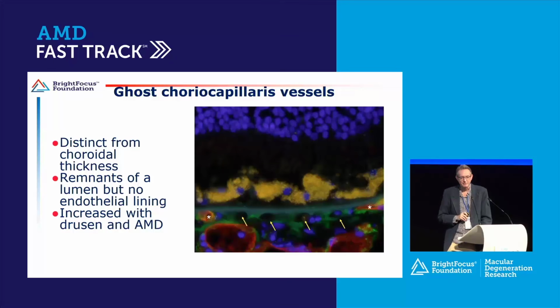It's not conducive to blood flow. Among the many functions of endothelial cells, one is keeping the blood in a liquid state. And so when blood runs into the subendothelial matrix, it'll immediately coagulate. So there's no flow through these ghost vessels.